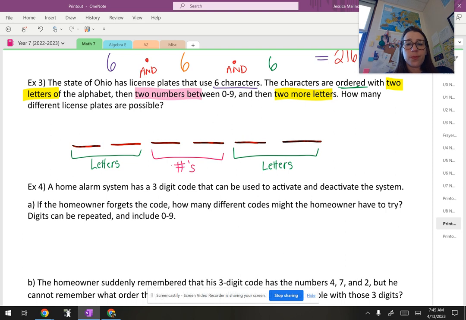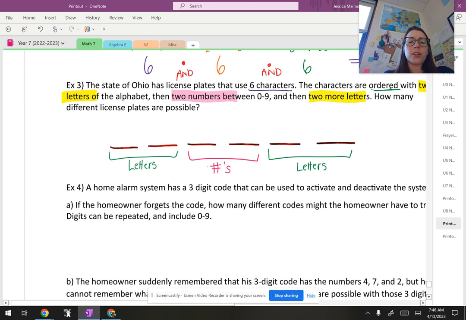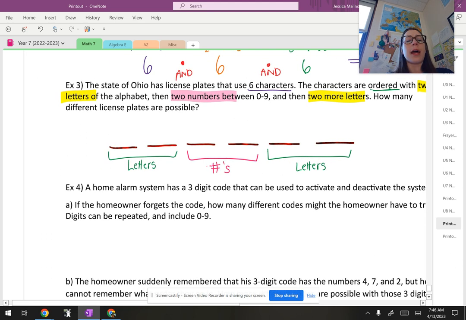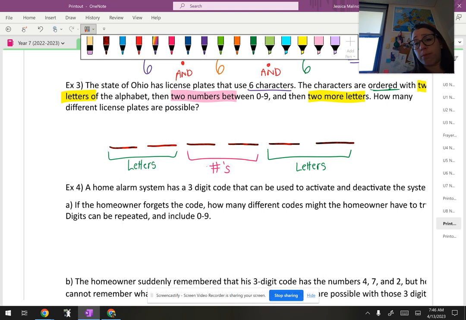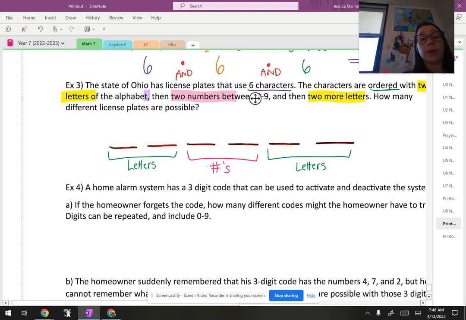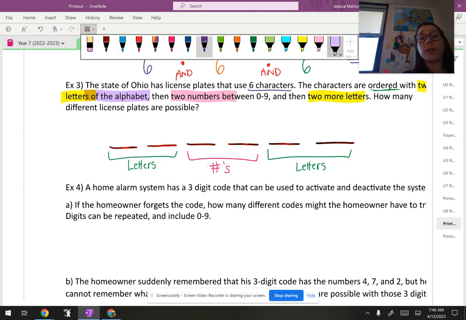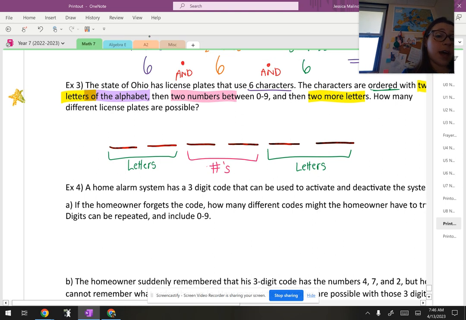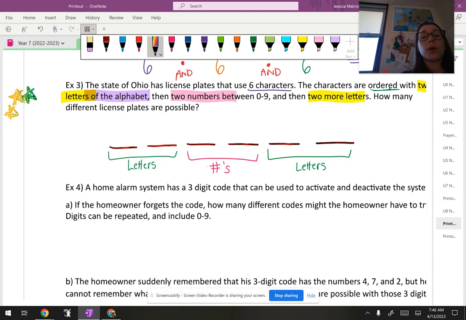So my first spot has to be filled with a letter. Well, in order to figure out how many possible choices I have for a letter, you need to know a key fact of how many letters there are in the alphabet. So if you don't know that off the top of your head, I would make sure that you have a bunch of stars where you can find this piece of information.